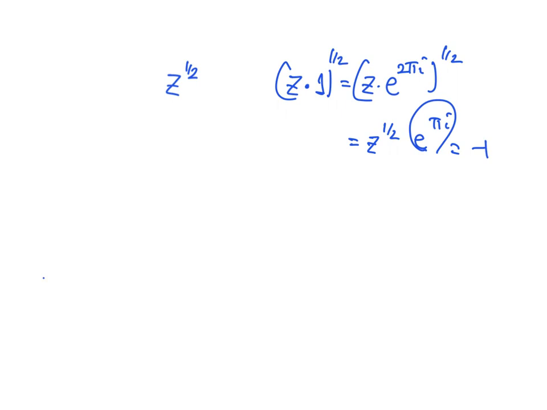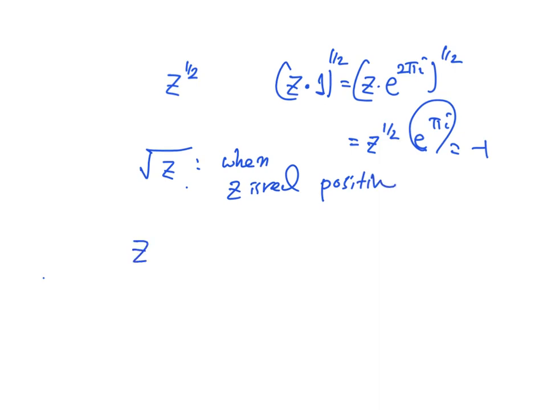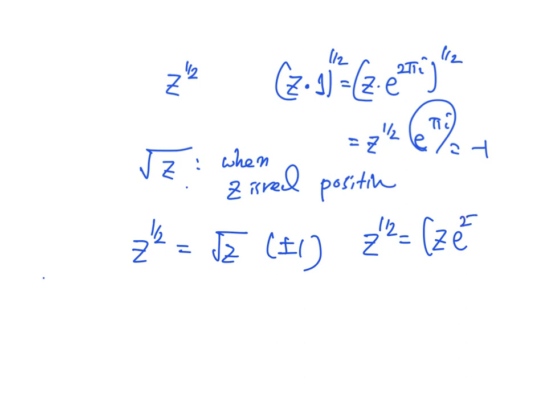So let's define the square root of z when z is real positive. Then the square root of z is plus or minus 1, depending on the argument, because minus, plus, minus.